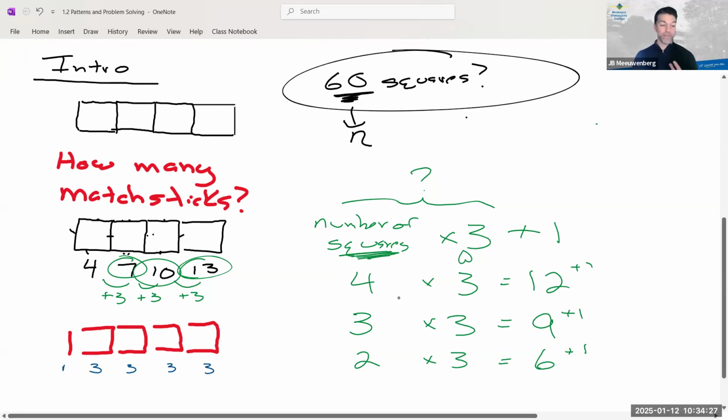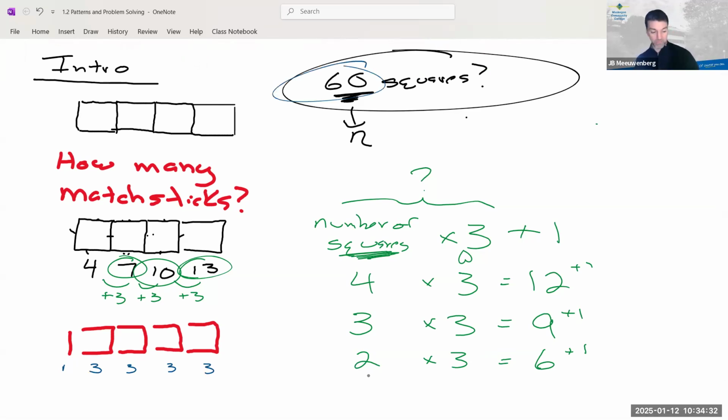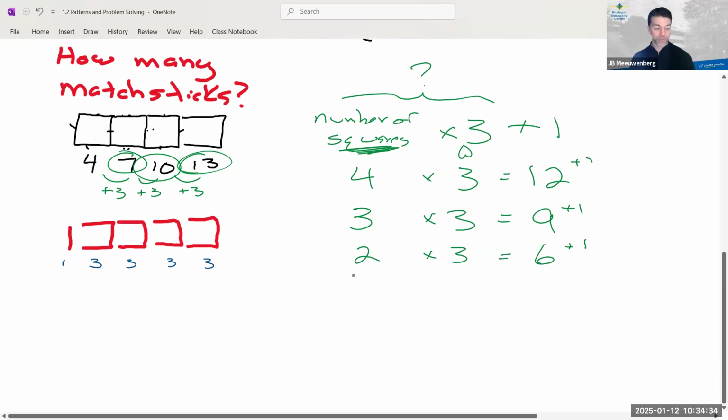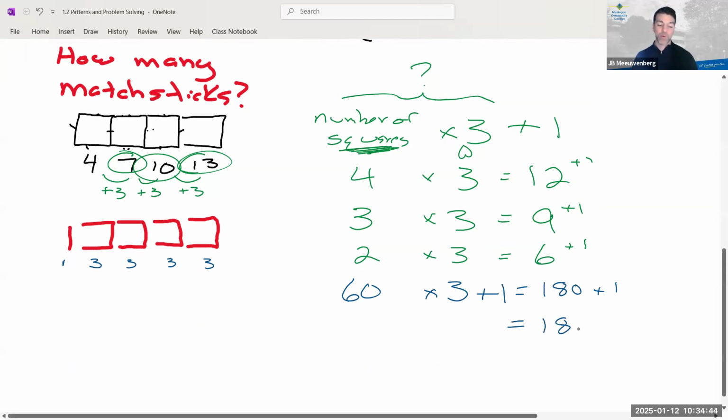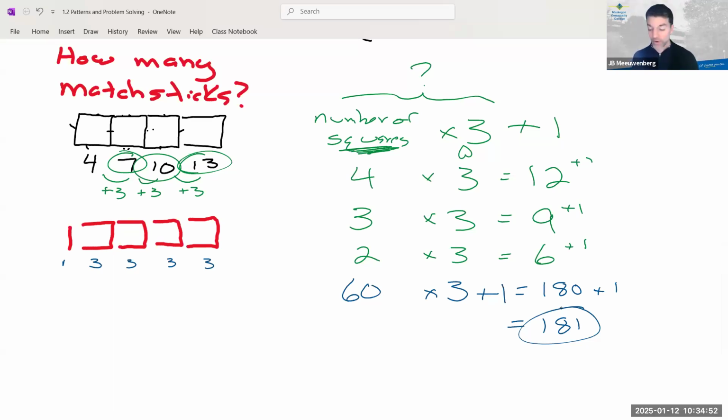And so if you wanted to know how many would be in 60 squares, well, we could take 60 squares times 3 matchsticks plus that 1 additional matchstick. So that's 180 plus 1. And we can predict that there would be 181 matchsticks in that string of squares.